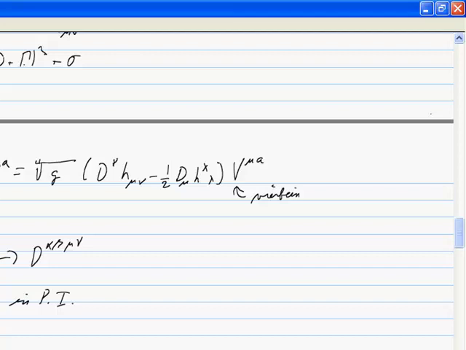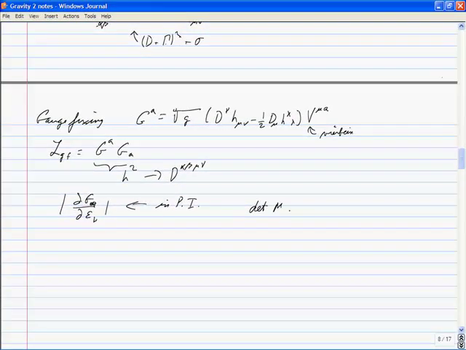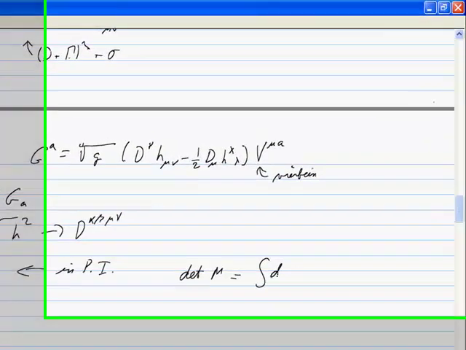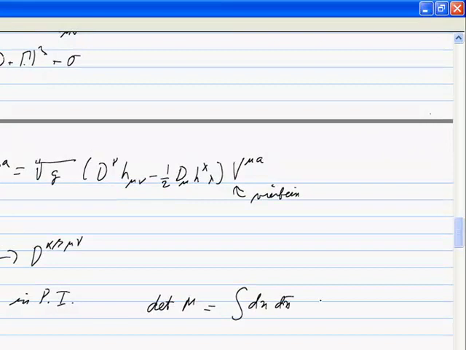So we exponentiate, if you remember the trick, the determinant of this M is the integral d eta bar d eta, fermion fields, e to the i integral d^4x eta bar M eta.